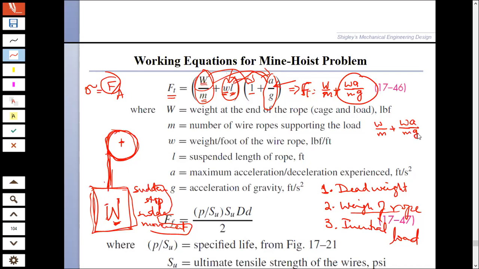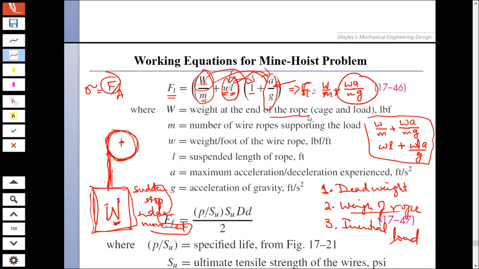This is the inertial component of the dead load plus wL, plus wL a over g. This is the inertial component of that. So all these loads you have to take.